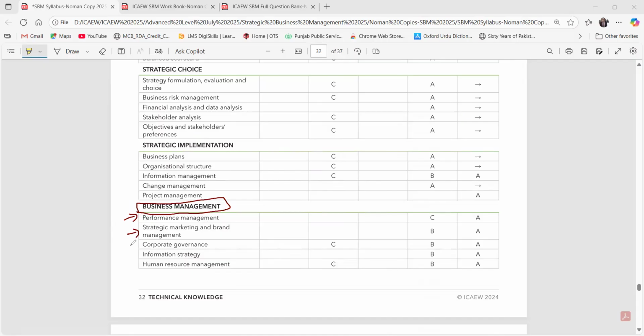Then we will talk about corporate governance. What is corporate governance? As we know, corporate governance is basically a set of rules and regulations that govern the structure. Then talking about the information strategy, and then HRM, human resource management. What are the factors?